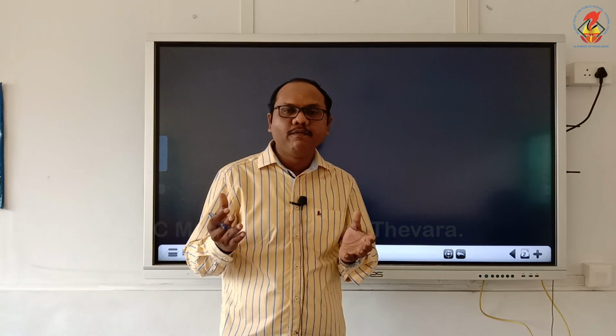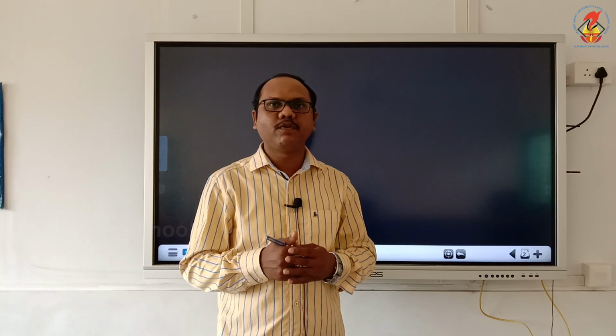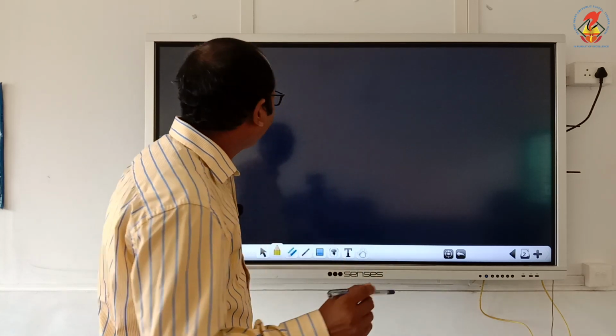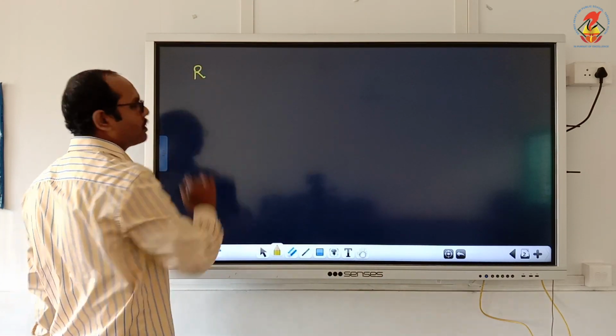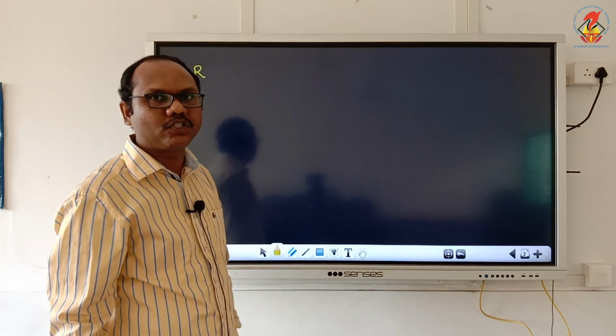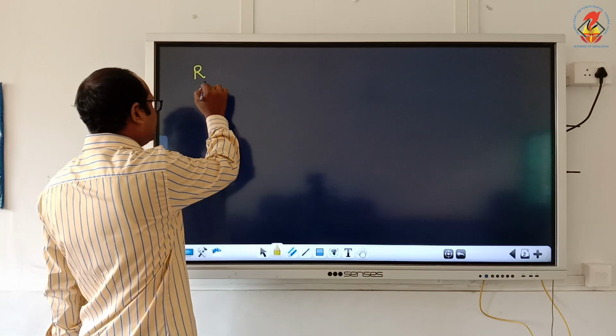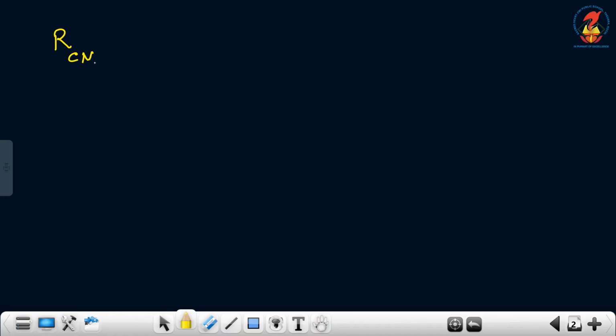Here, if the direction is not known, that means if I do not know whether the body is moving along the x axis, the y axis or the z axis, then I will write generally r. R is the position vector of the center of mass, so to show it as the center of mass, I will write Cm.